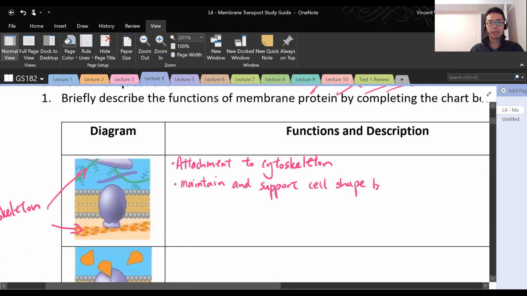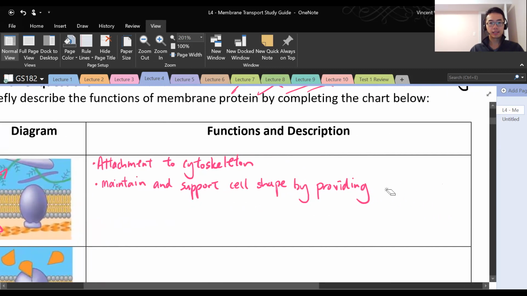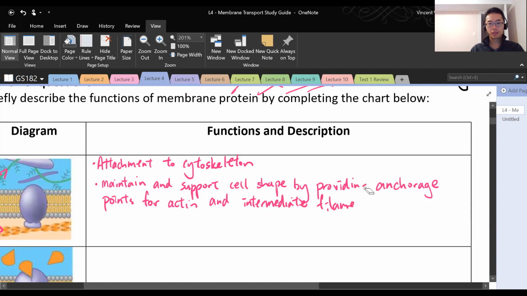Okay, by providing anchorage point for things like actin, right, which makes up your microfilament, and intermediate filaments to attach to.